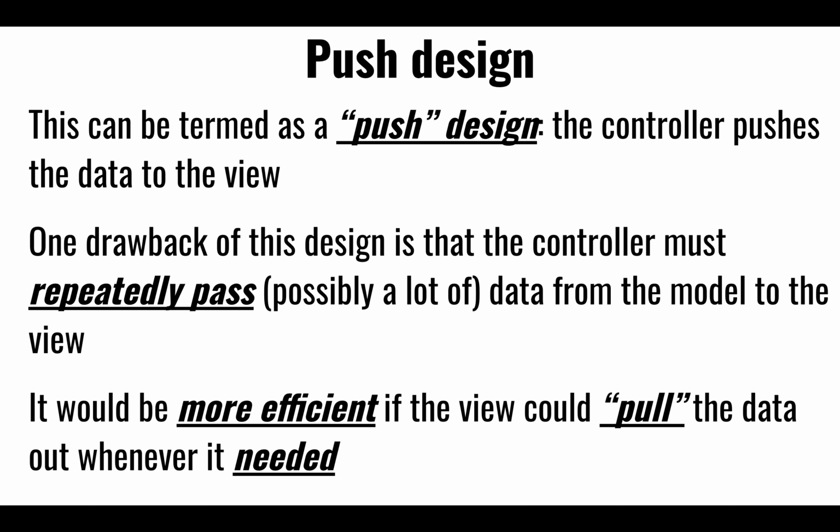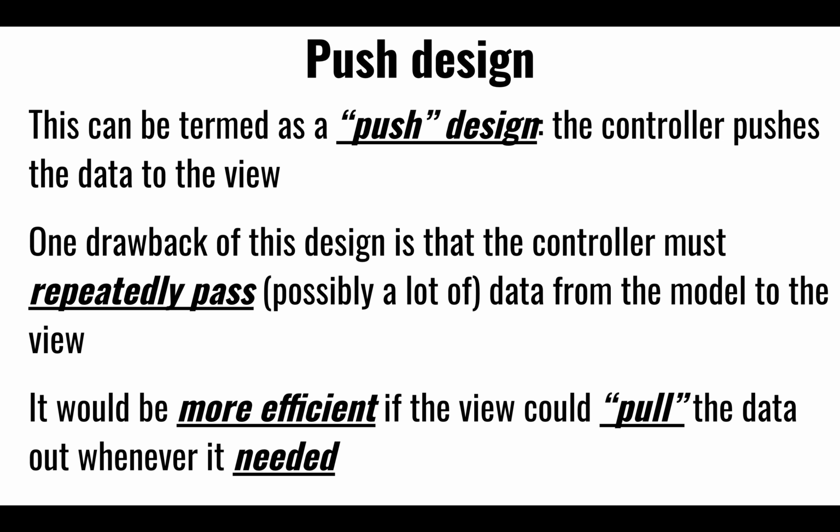So a more efficient strategy might be for the view, knowing that you just removed that one item, to say, hey, I'm only going to pull the data that I need. I know what I have rendered. I only need to update this one little item over here. So I'll just pull the data that I need, as opposed to you pushing data that might be more than I expect, more than I need.